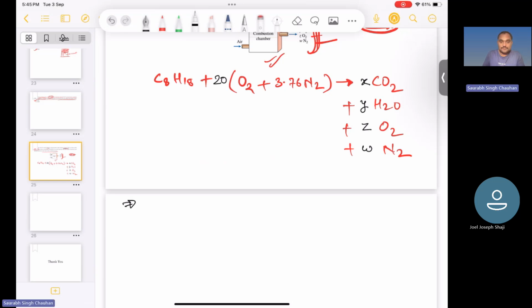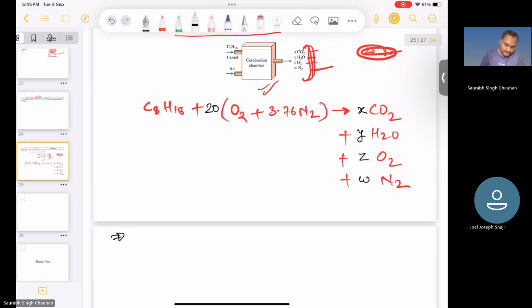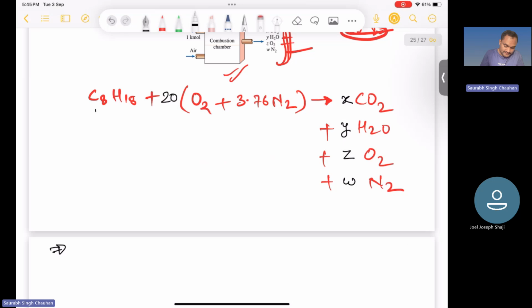Now you can solve this equation by balancing each species, meaning the atoms of the different elements. The number of atoms of all the elements should be conserved. For example, for carbon atoms, on the left-hand side there are 8 carbon atoms and on the right-hand side there are x.